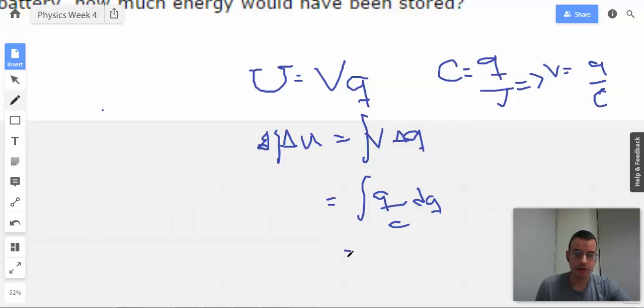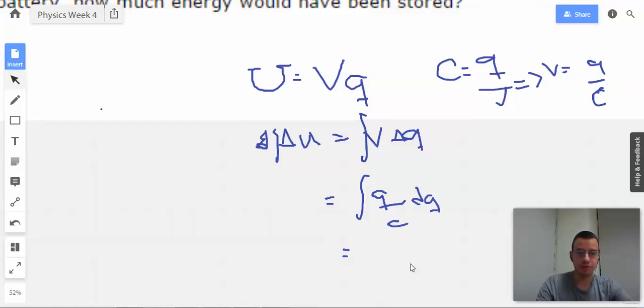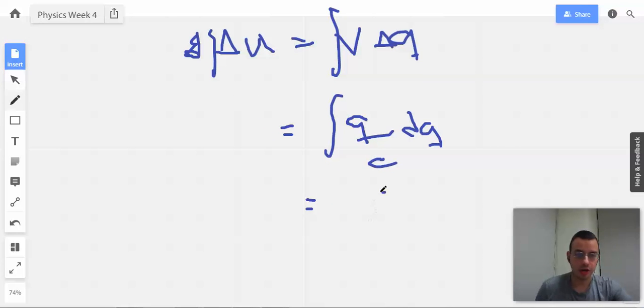Okay? So we take the integral of Q with respect to Q, and we get Q squared over 2C. And that is the amount of energy we have in a capacitor.